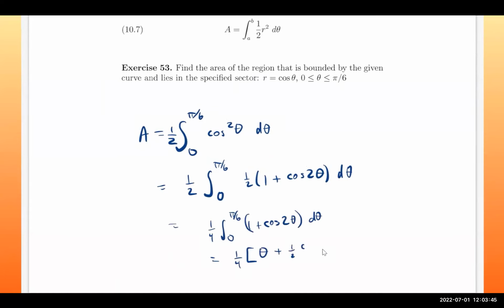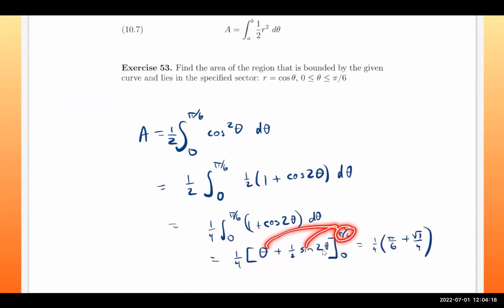The antiderivative will be theta plus 1/2 sine 2 theta from 0 to pi over 6. If you evaluate that, you're going to get 1/4 times (pi over 6 plus radical 3 over 4).